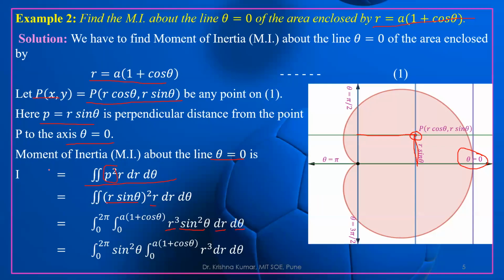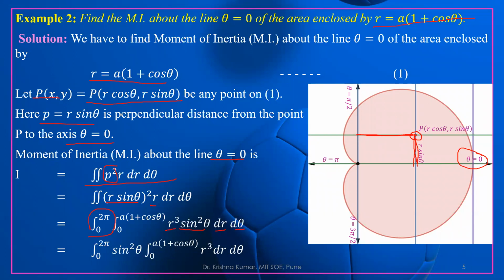Now what is the limit? Just look here. If we rotate from this part to this, we rotate the whole thing through 360 degrees. Either we can rotate from pi by 2 to 3 pi by 2, so actually we will get 0 to 2 pi.